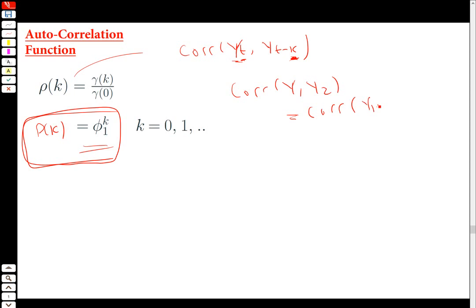Okay, this here, it doesn't matter what we call this. You mean this, right? This is just a succinct way of writing an infinite sum. When we expand out, we will get 1 plus phi 1 squared plus phi 1 to the 4, and so on.